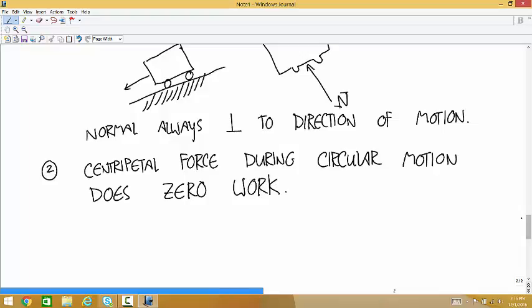A centripetal force is a force that points towards the center of the circle.